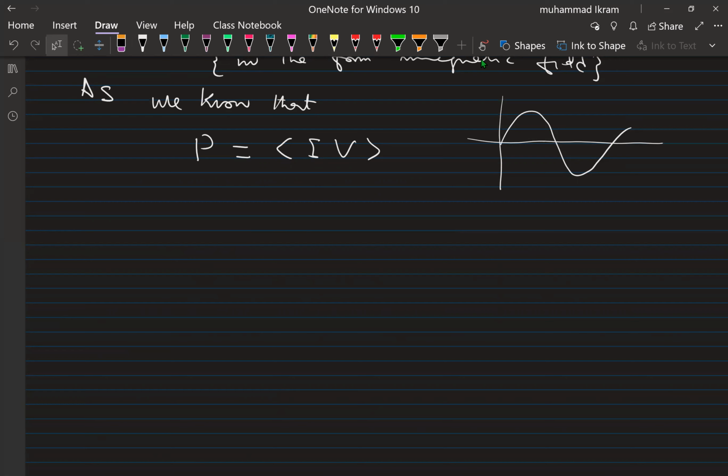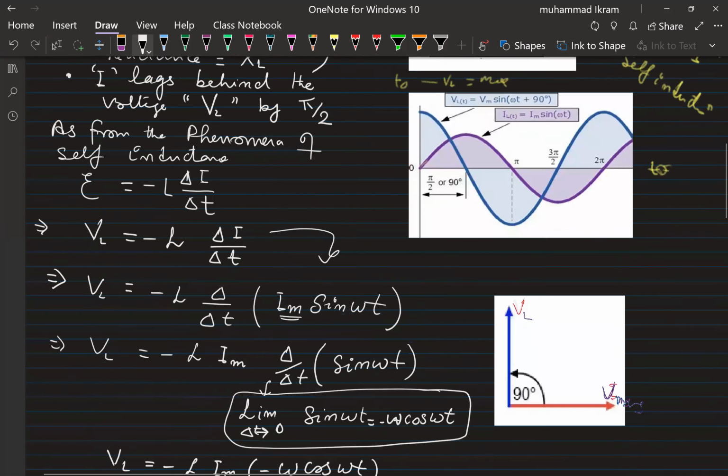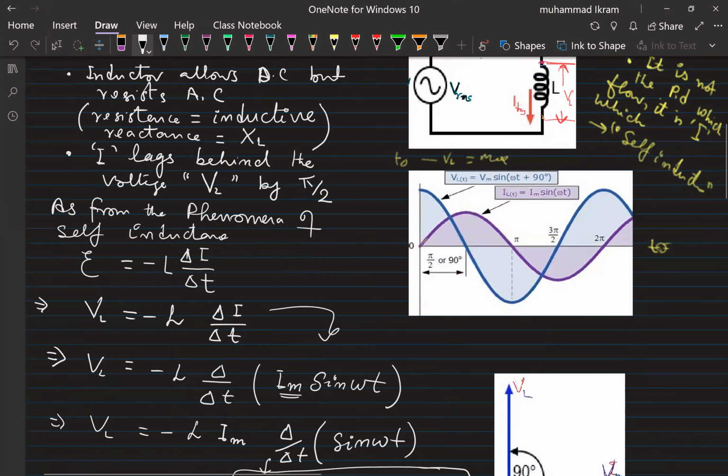This means that power is flowing from the coil to the source. Negative power means that the energy is flowing from the coil to the source. During the next half cycle, both voltage and current are positive and the power supplied is positive. Therefore, the power flows from the source to the coil, which you can see here in this diagram. Is it clear?